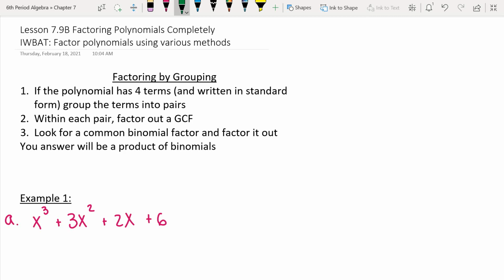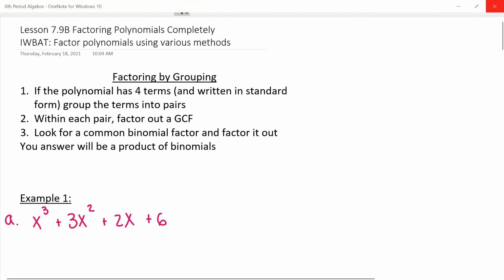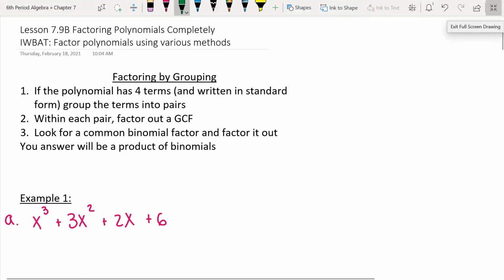But once you've identified that there are 4 terms and it's written in standard form, then what we're going to do is group together the terms into pairs. So we are going to take each 4 terms, take the first 2, group them together, and then we'll take the last 2 and group them together.